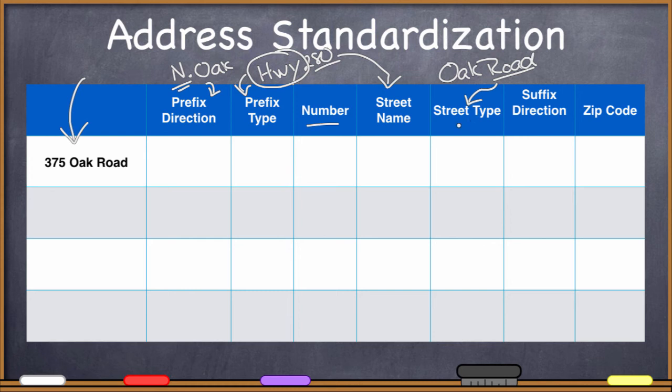All of those are different types of streets, and that's what goes in here. The last thing before the zip code is the suffix direction, and this would be something that comes after the name. So we can have North Oak Street over here, but what if we had something like Palm Street, East?